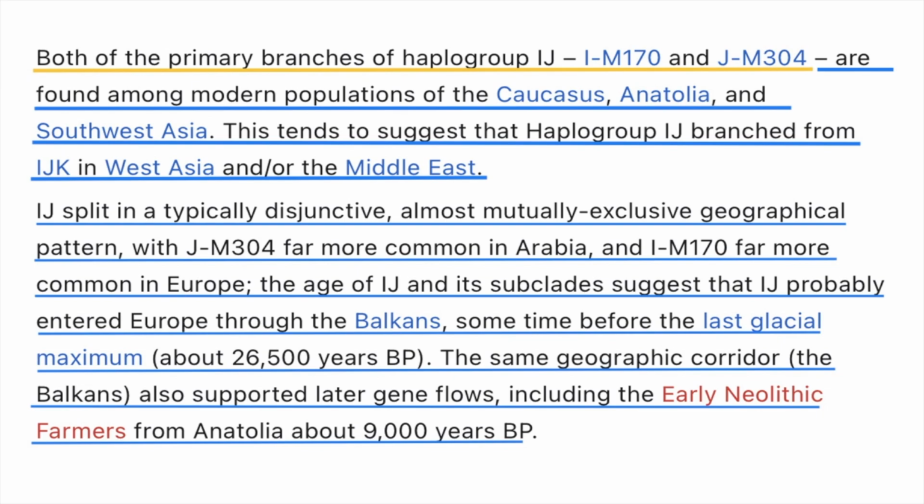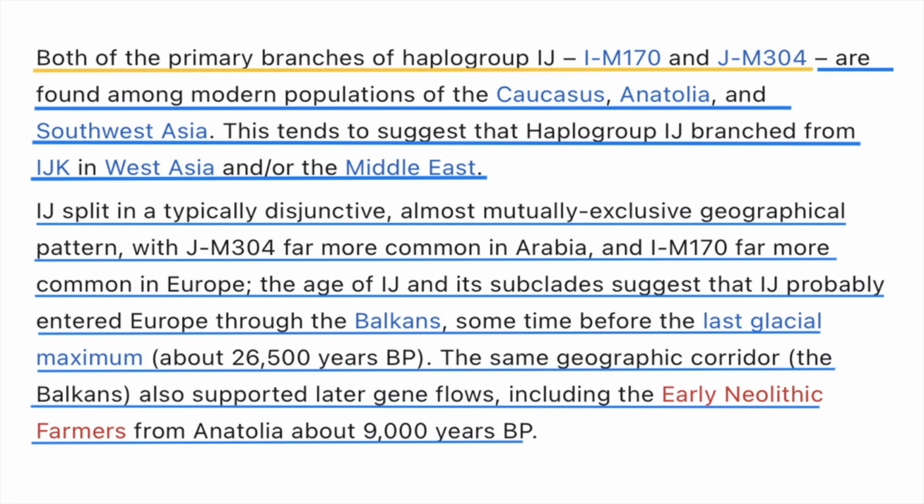IJ split in a typically disjunctive, almost mutually exclusive geographical pattern, with J-M304 far more common in Arabia and I-M170 far more common in Europe.